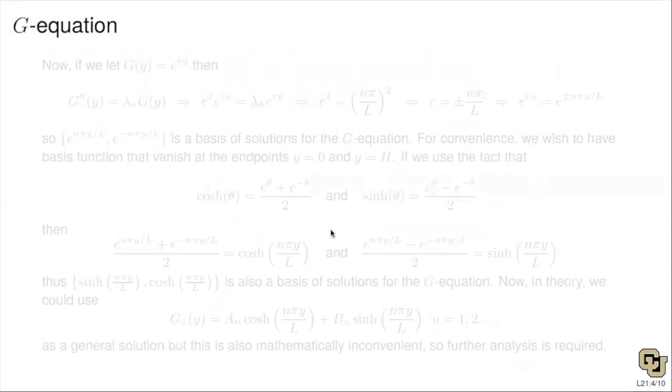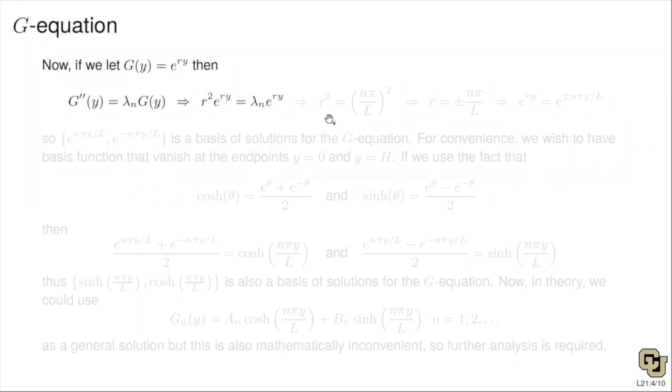So now we have to solve the G equation. This is where something different happens, and we do some slightly different mathematics. Here, the G equation, again, we let G equal e to the Ry. That's the standard approach for this type of ODE. The G equation is a second order ODE though.